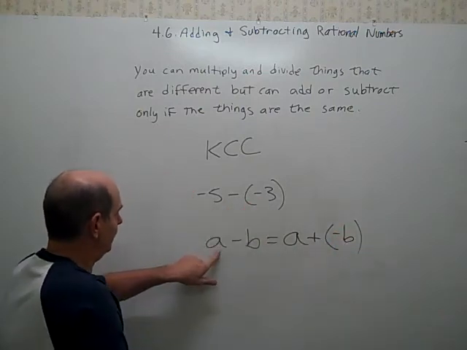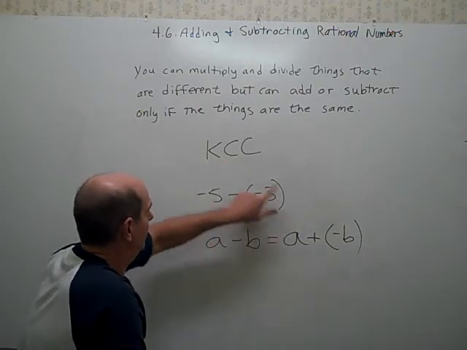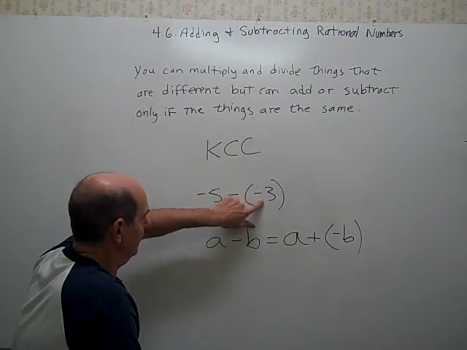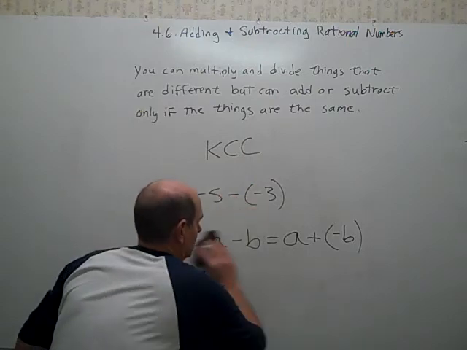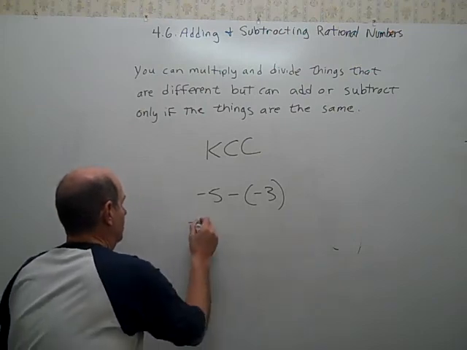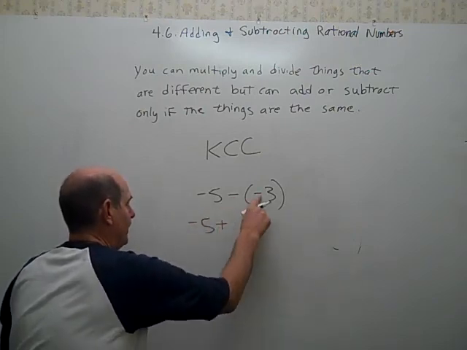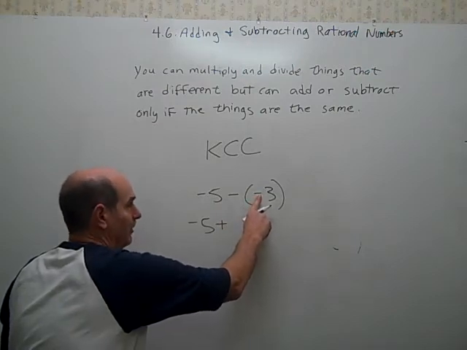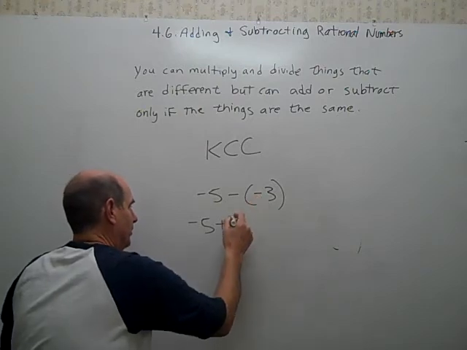You keep this the same, K for keep, change subtraction to addition, and change the sign of the number that you were subtracting. So you keep this, negative 5, change this to addition, and change this sign. If it's negative, make it positive, and if it's positive, make it negative. It's negative, so I'm going to make it positive.